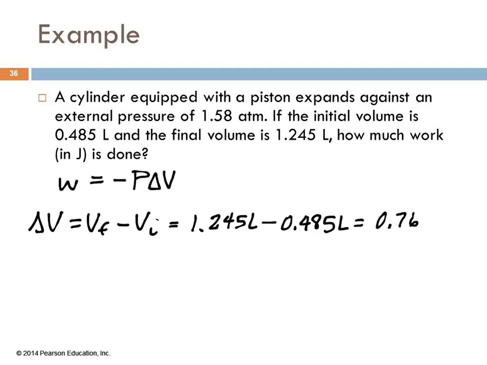Is that good? Sig figs. This number has 3 decimal places. We're subtracting here. This number has 3 decimal places. The difference has 3 decimal places. What do I put for the third one? A 0. My calculator doesn't understand. So that's the change in volume.